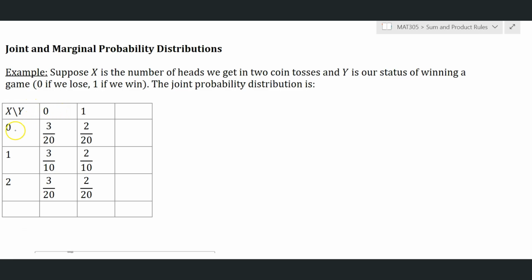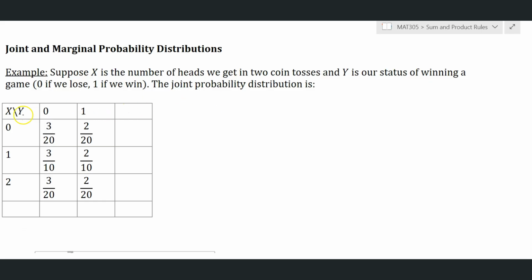Now, what we can see is that the probability, for example, of tossing a coin twice and getting 0 heads, and simultaneously winning this separate game, there's a 2/20th chance, or 0.1 probability, that both of those things happen.